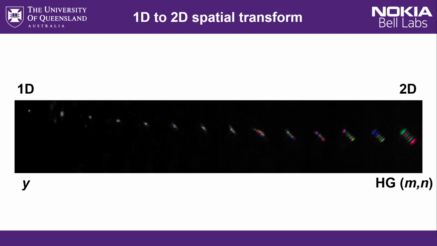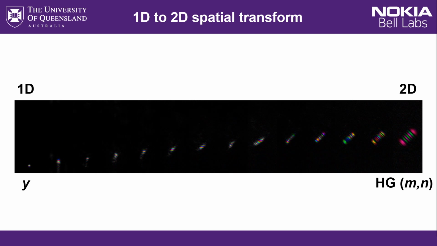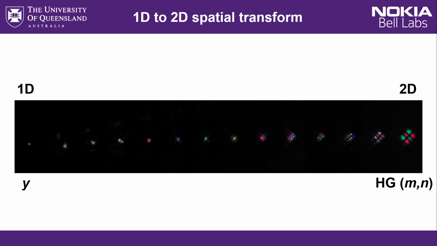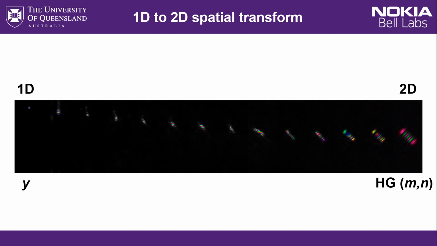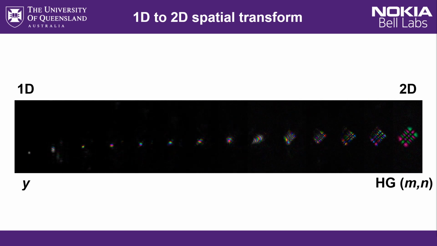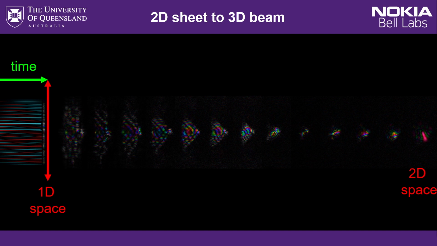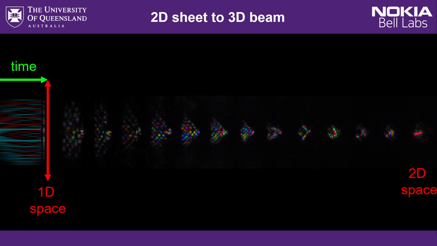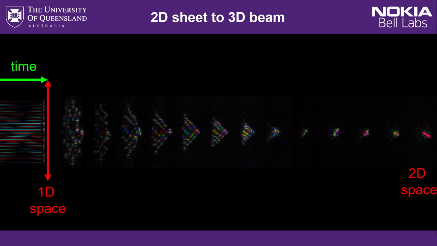The MPLC 1D to 2D transform acts like a 1D lookup table, which lets us select from a list of the first 45 Laguerre-Gaussian modes, which are 2D modes. Then as we pass in our spatiotemporal 2D light sheet, the MPLC converts that into a 3D volumetric beam.